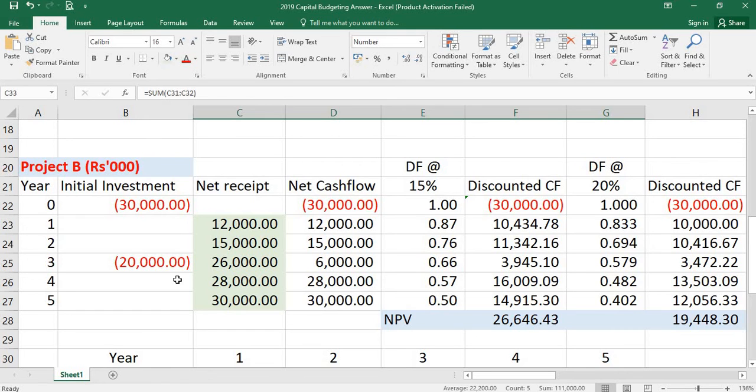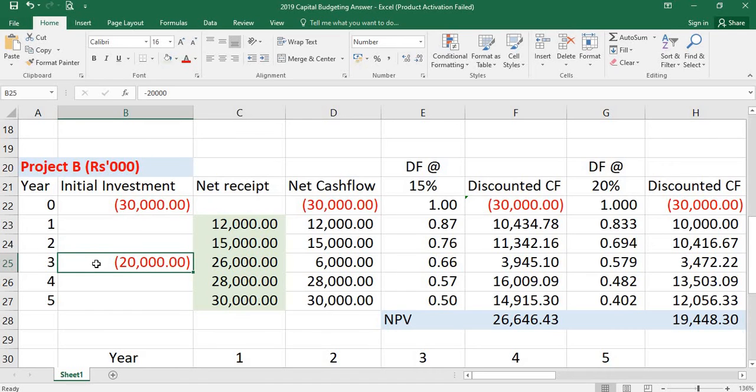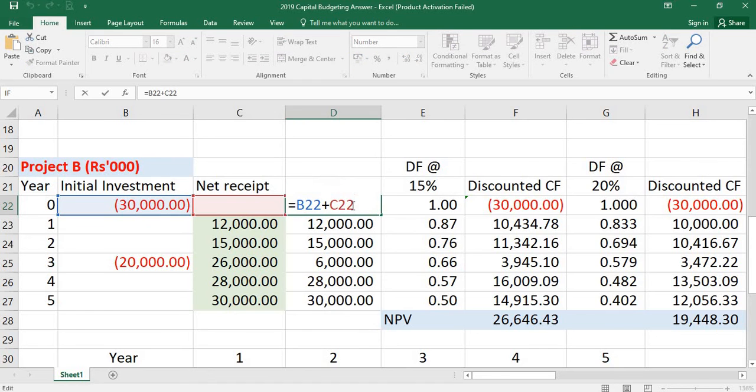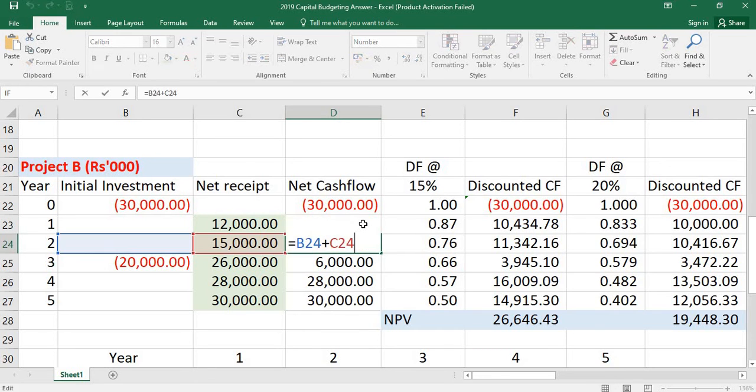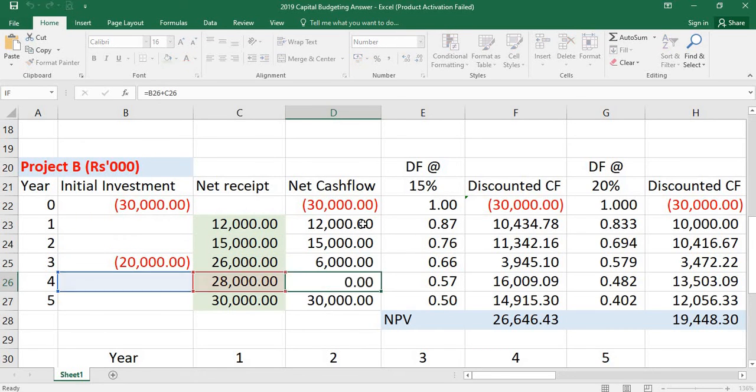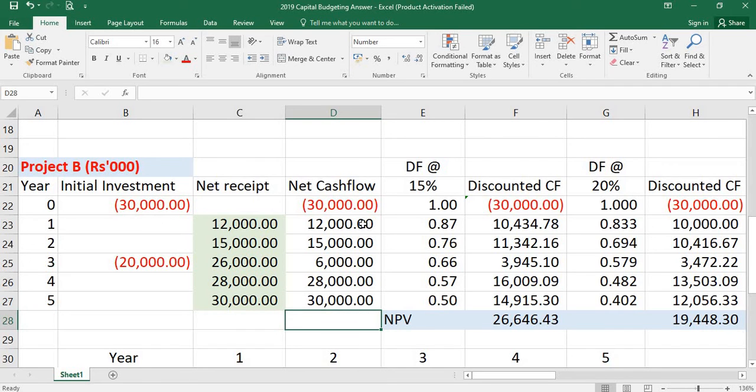Here also at the end of the third year they are investing 20,000 to replace with a new machinery. Therefore it is a cash outflow, so that should be taken into account. So the net cash flow will be minus 30,000 at year 0, then 12,000, 15,000, 6,000, 28,000, 30,000.